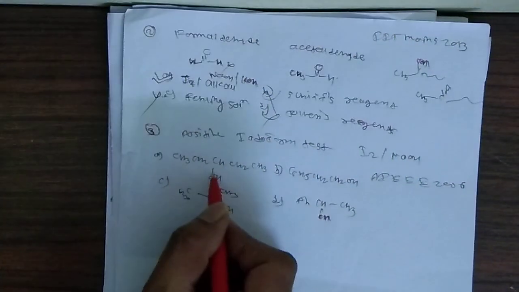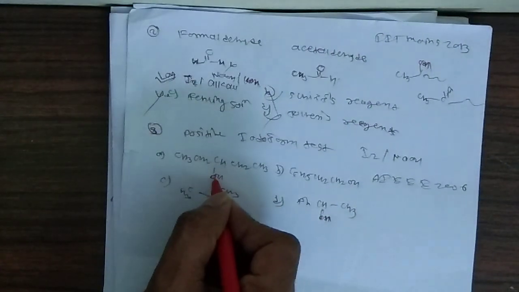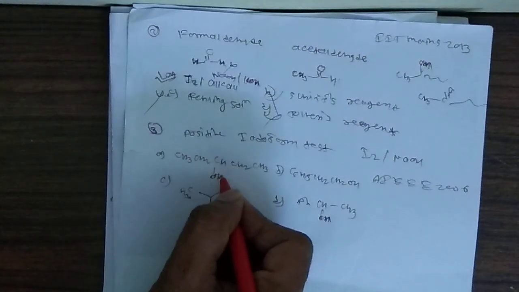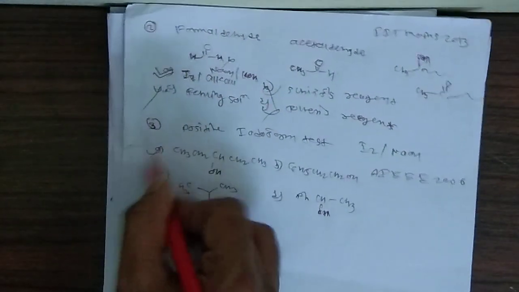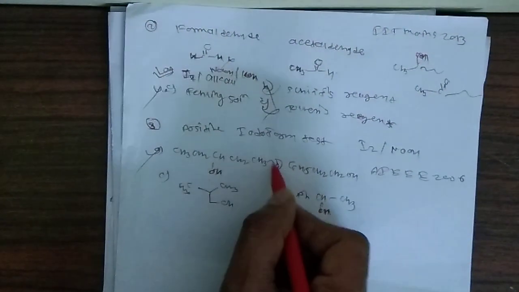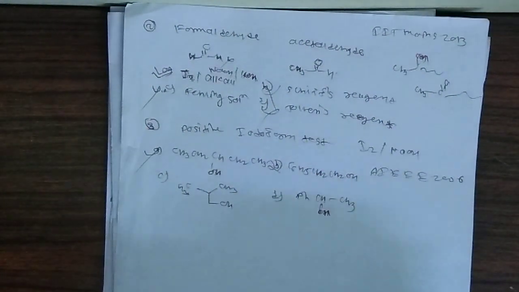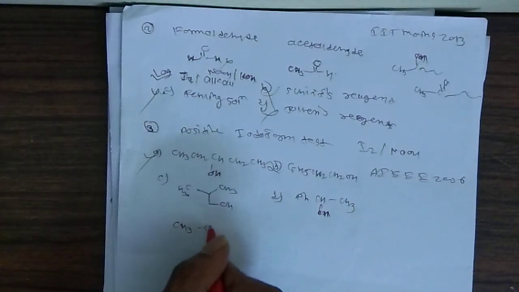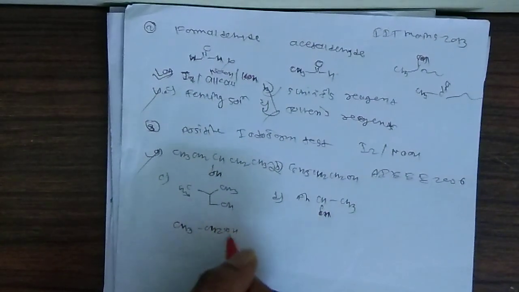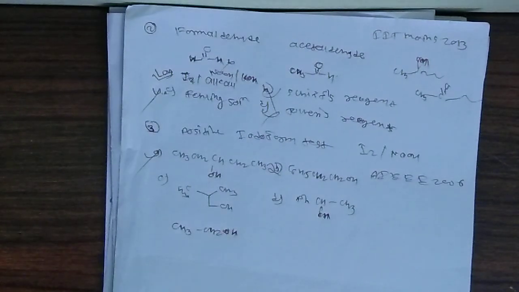If you see here, this is a secondary alcohol, but there is no CH3 group adjacent to the carbon which has the OH group attached. So this will also not give. Here is a primary alcohol, this will also not give. Which type of primary alcohol will give a positive iodoform test? I have also told at the beginning that ethanol only will give the positive iodoform test.